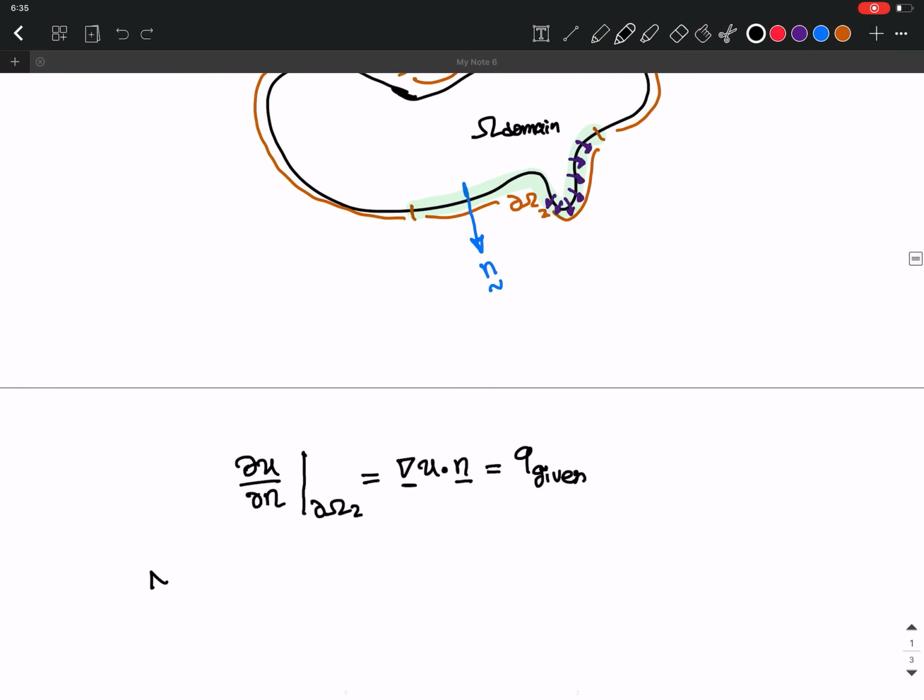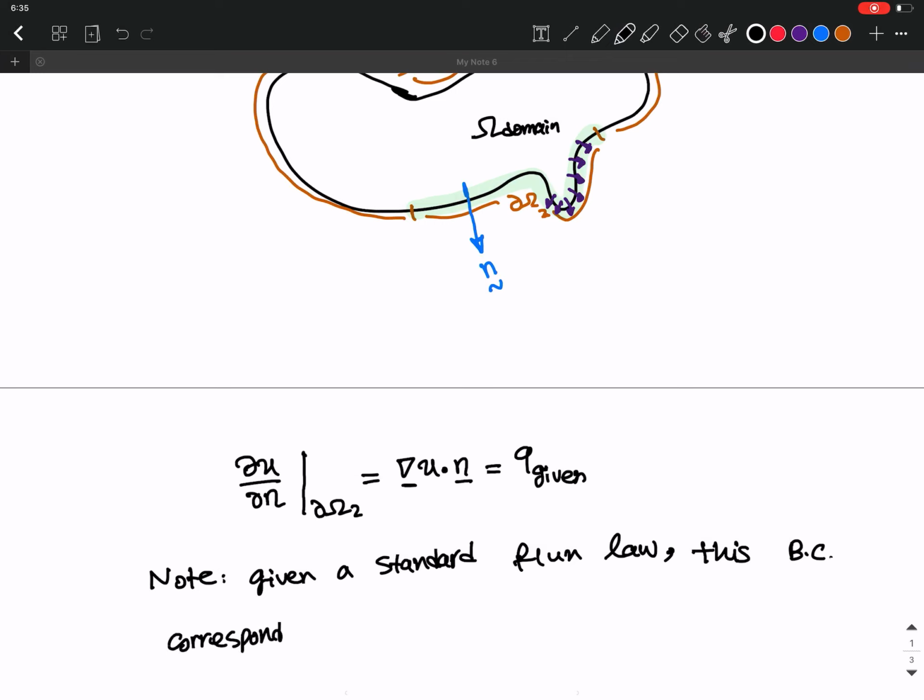And I just want to give you a note that given a standard flux law, for example Darcy's law or any other flux law, this boundary condition corresponds to specification of the normal flux.